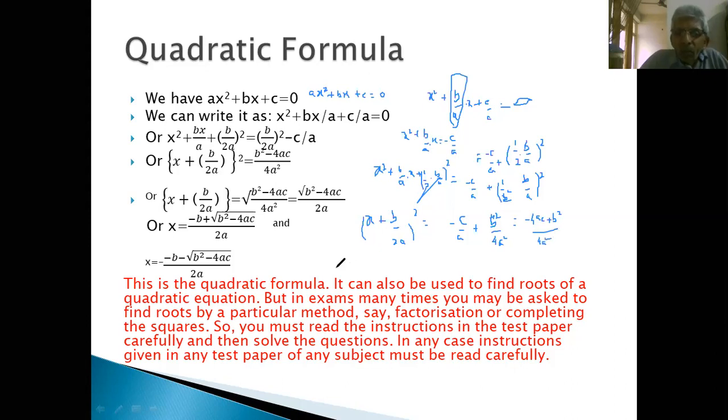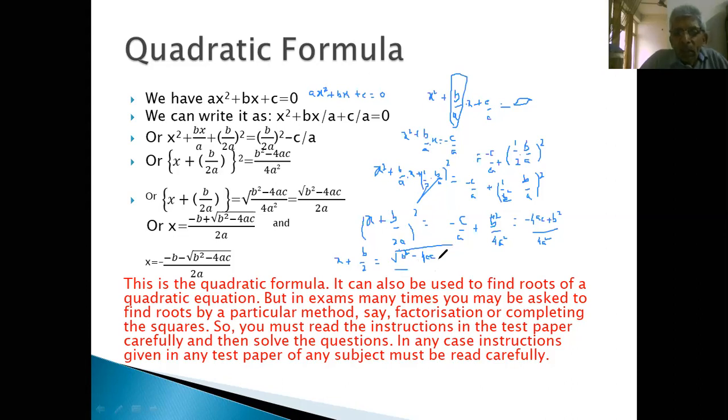Now I take the under root of both sides, and I'll get x plus b by 2a is equal to under root of b square minus 4ac, which we make under root because we have taken the under root, and in the denominator we got 4a square.